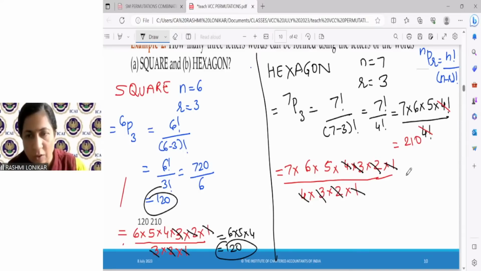So you are left with 7 into 6 into 5. 6 5s are 30, 30 7s are 210.